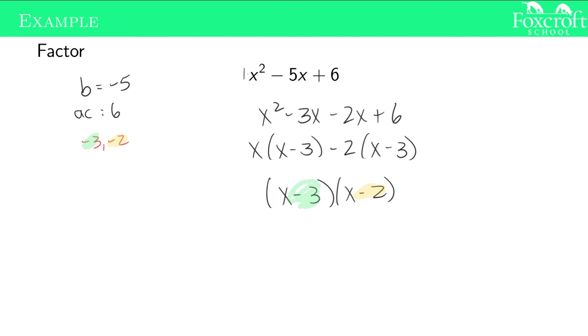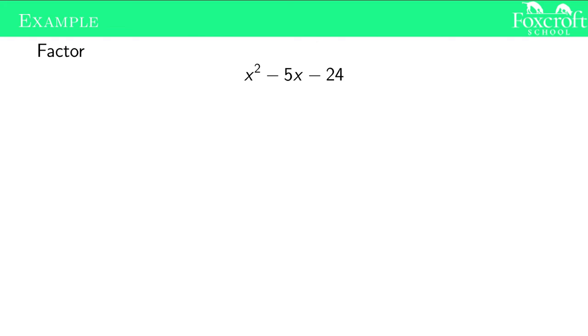Again, all this can only be done because we just have a single x squared. So don't forget what we learned in the last learning objective of being able to do this process here. But now when we just have a single x squared, we can go directly to the answer. So here we have x squared minus 5x minus 24. B is -5.